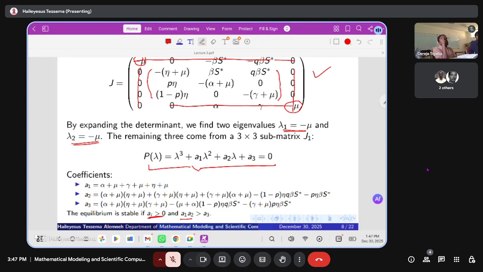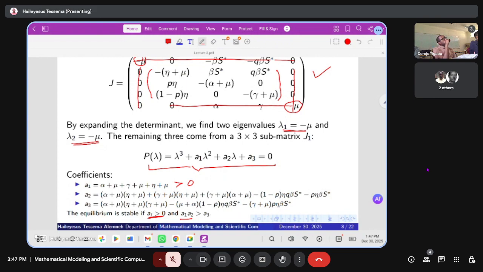Clearly, you can see that a1 is greater than 0, because the parameters are all positive. But we don't know about a2 and a3. In this case, we use the basic reproduction number, and rewrite a2 and a3 in terms of the basic reproduction number, and check the positivity of a2 and a3 in relation to the basic reproduction number.